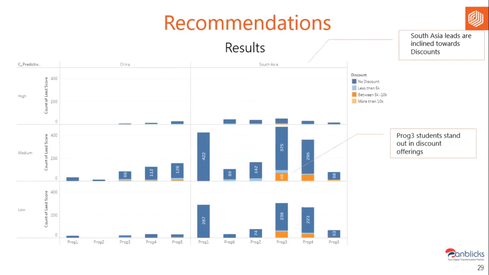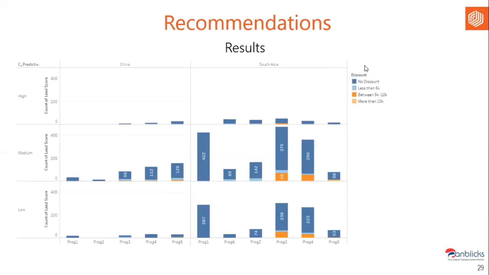And so this tells the agents which program should be offered what amount of discount, which is correlated with the region. And this has helped them optimize the sales cost.